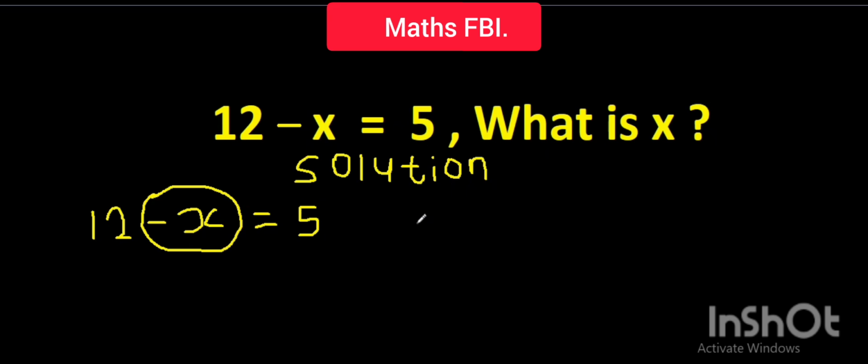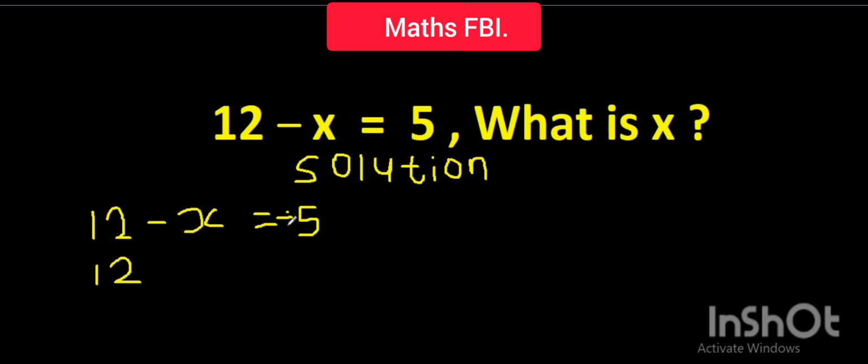Okay, so let's do more practical. Now we are moving this to this other side, and as you can see, this is minus x. Bring down 12, bring 12 here. And 5 is positive, this is plus 5, even though the sign is not visible.